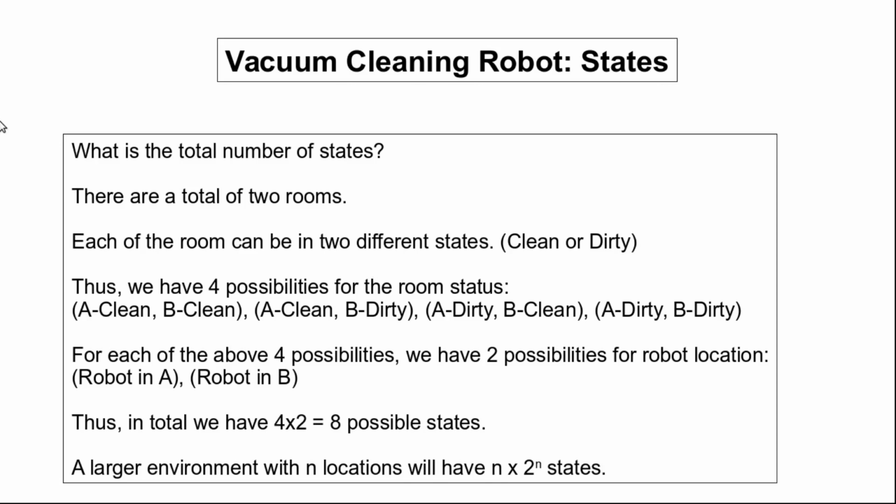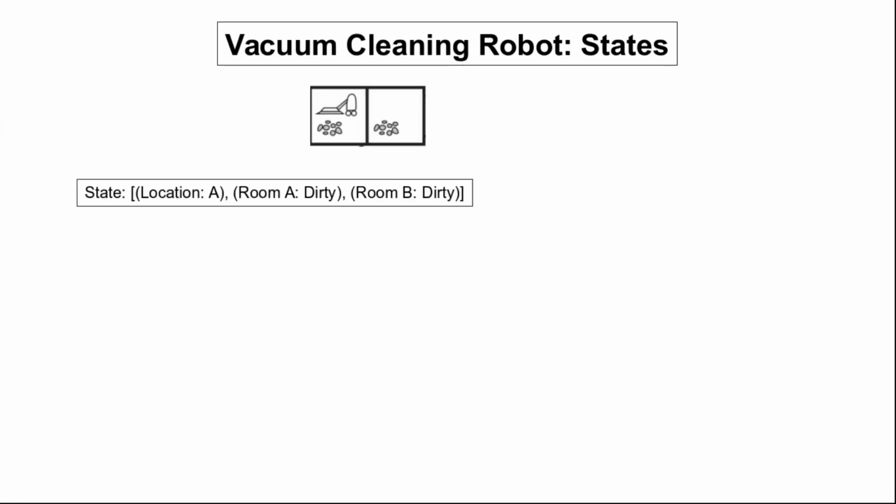And now if we try to see it pictorially, this is how it will look. So we have the first state where the robot is in room A and both the rooms are dirty.